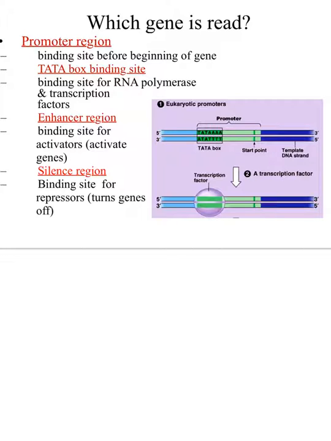And so the promoter region contains different sites. One thing is the TATA box, and then there's an enhancer region, which is a binding site for activators. Activators are just things that will activate the gene or turn the gene on. And then there's also a silencer region, which is a binding site for repressors, and repressors would turn the genes off. So this is kind of how it all gets started.